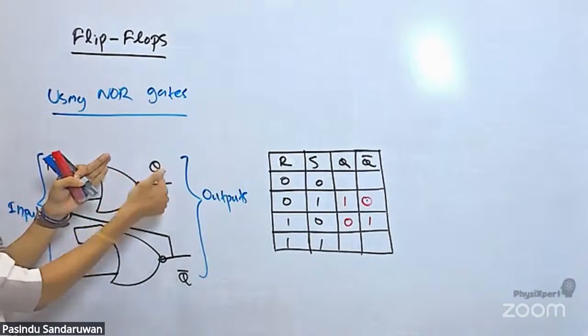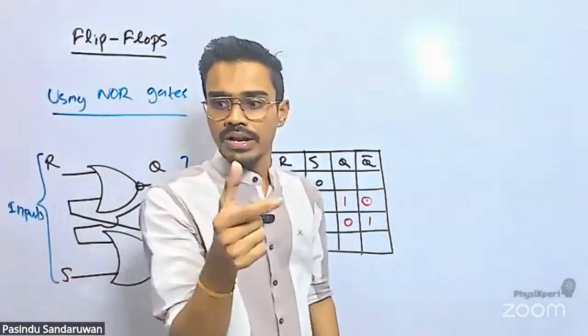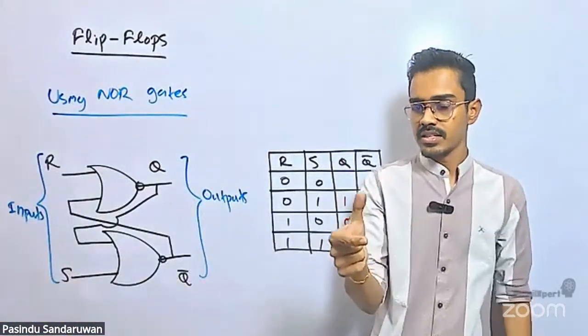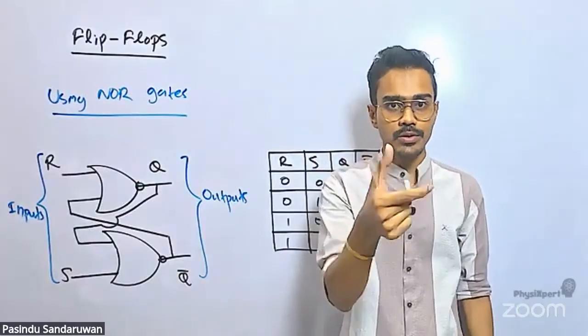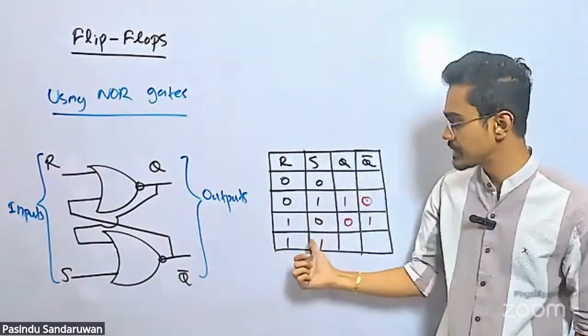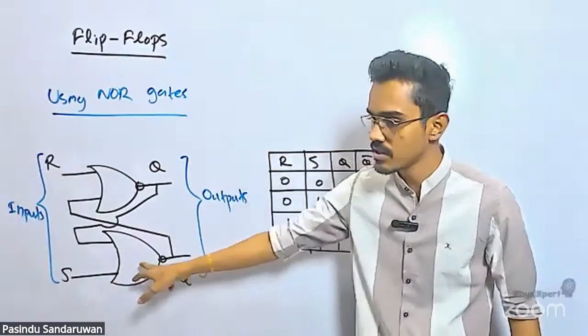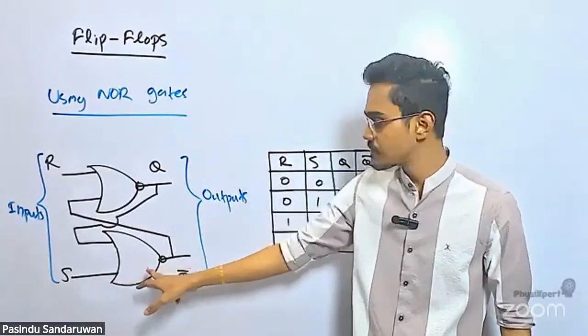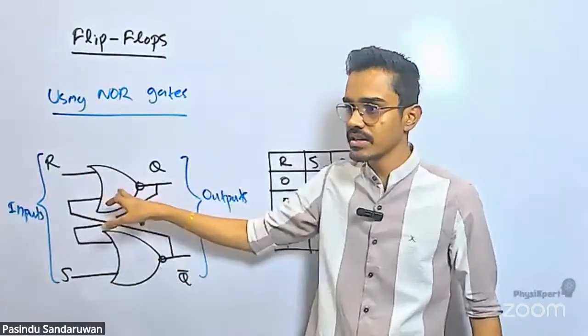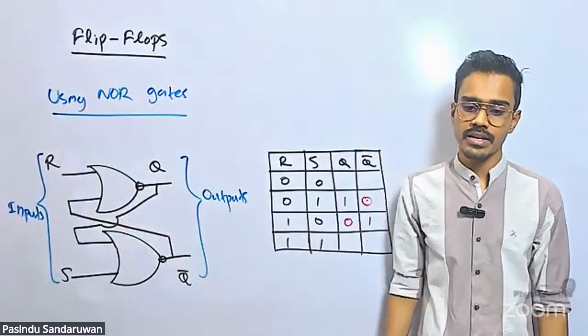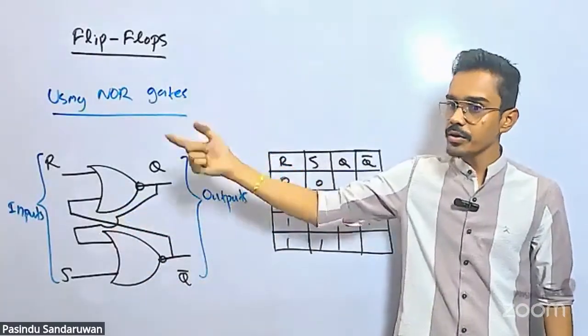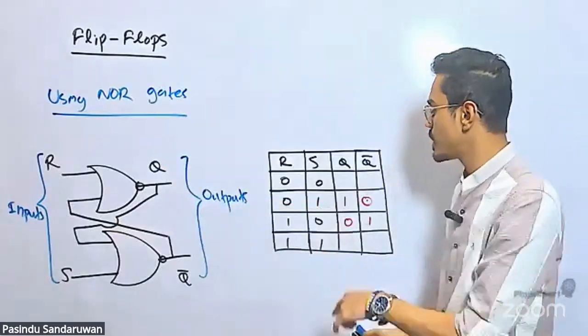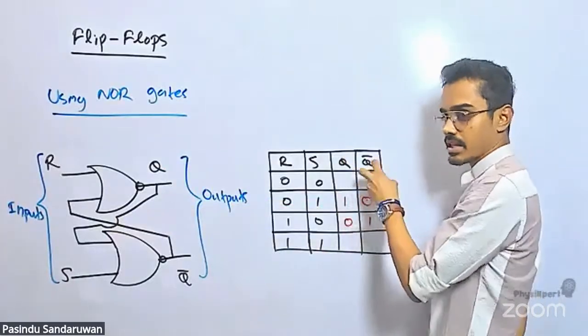You are going to get the same values for q and q bar. But q and q bar must be the variable and the complement.